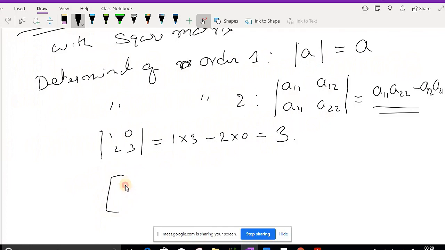Any matrix is given, I don't care whatever it is. For example, find the determinant of the matrix 100 21 2 6.